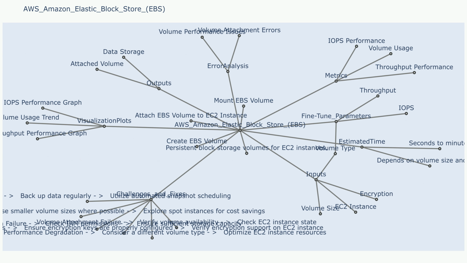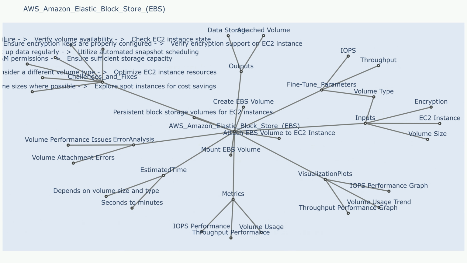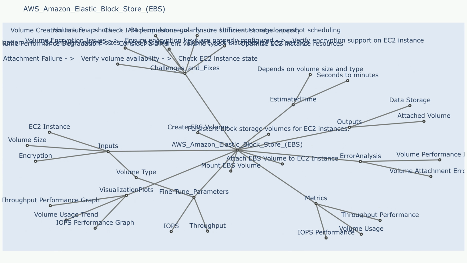Amazon EC2 instance. Purpose: to attach and utilize EBS volumes for data storage and application performance. Explanation: EBS volumes are designed to be attached to EC2 instances, providing persistent block-level storage that can be accessed by the running instance's operating system and applications.